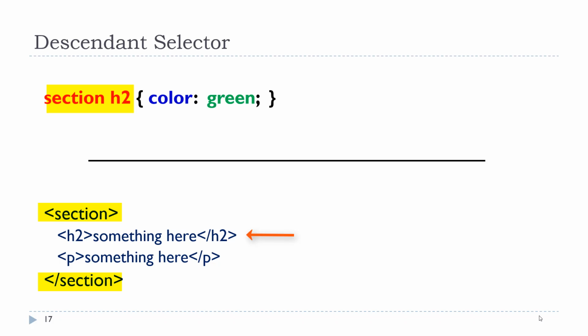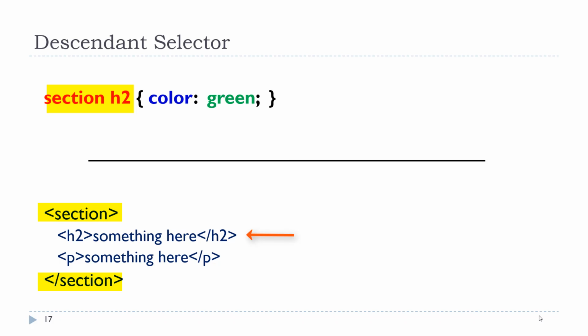Yes, it is a child. However, it is also a descendant. This selector does not necessarily specify that it has to be a child. All it says is that it has to be a descendant. Now, the rule is applied to the H2. It is not applied to the section.